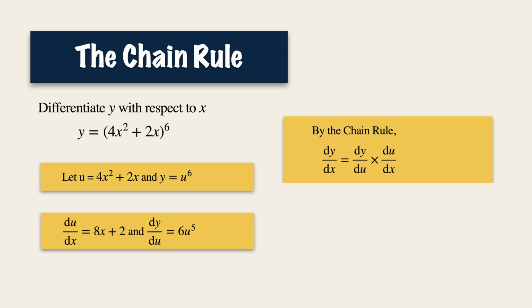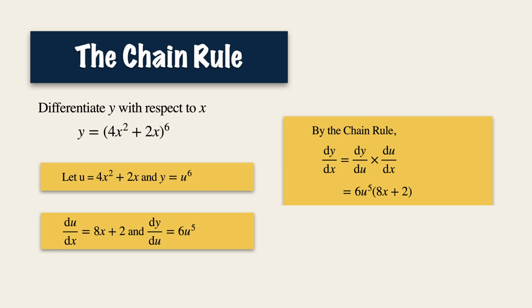By applying the chain rule, dy over dx, which is equal to dy over du multiplied by du over dx, is equal to, let's substitute whatever we have found previously, 6u to the power of 5, open a bracket, 8x plus 2.